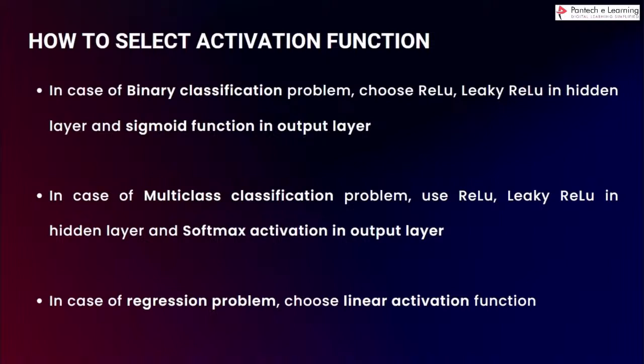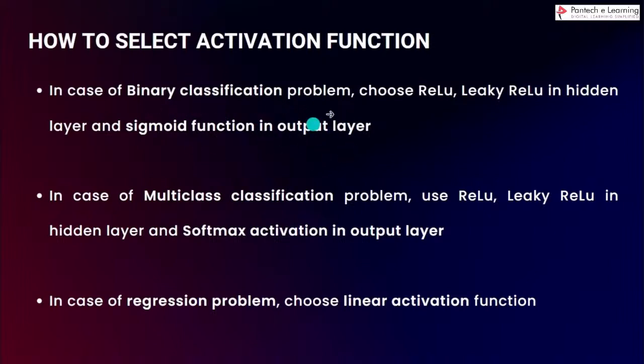Why? ReLU and leaky ReLU are chosen in the hidden layers, so in between the hidden layers, ReLU and leaky ReLU are chosen. And when you go for the output layer, since it's binary classification, the sigmoid function is taken into account. The sigmoid function will give you 0 or 1, right? So that threshold value is required in the output layer.